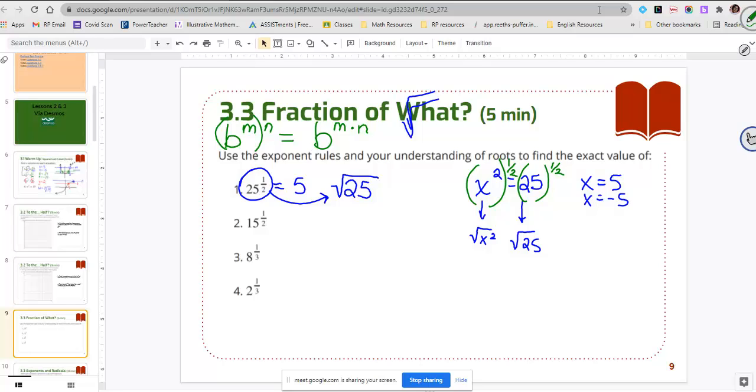Using that idea here, if I take this x squared and I raise it to the 1/2 power, what I end up with is x to the 2 times 1/2. Well, what is twice of 1/2?